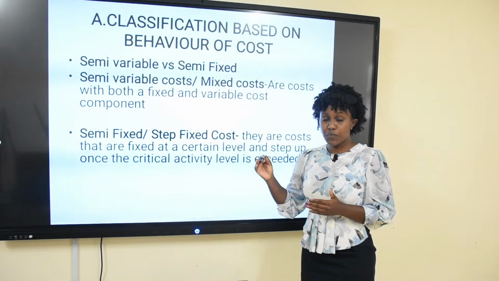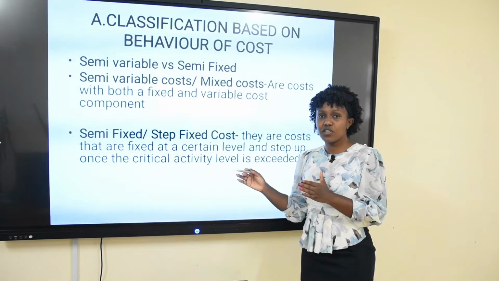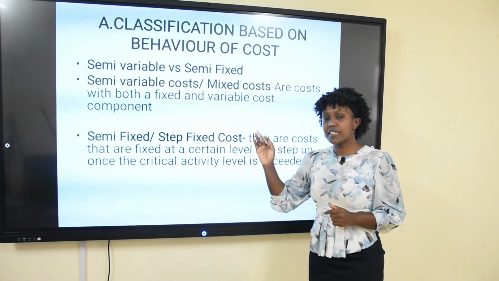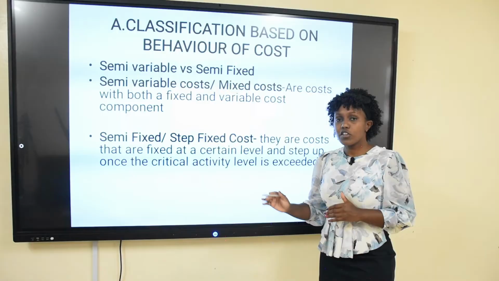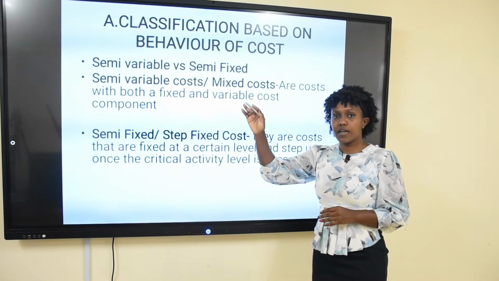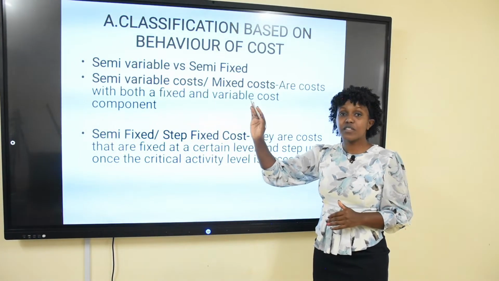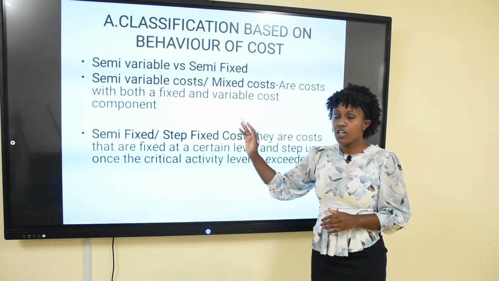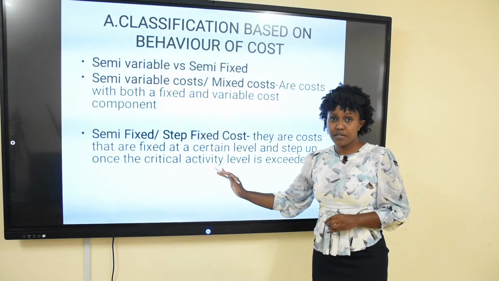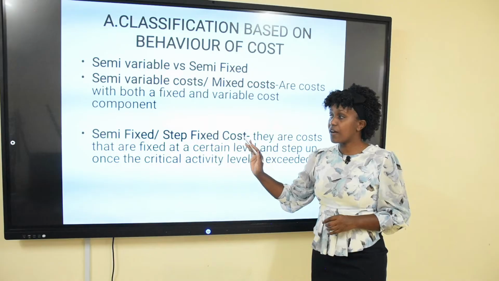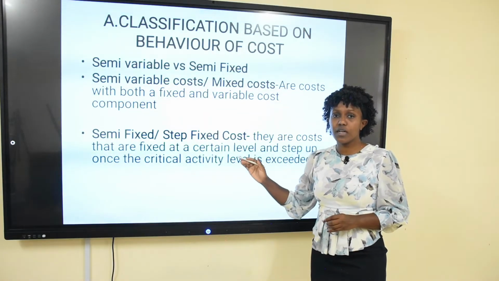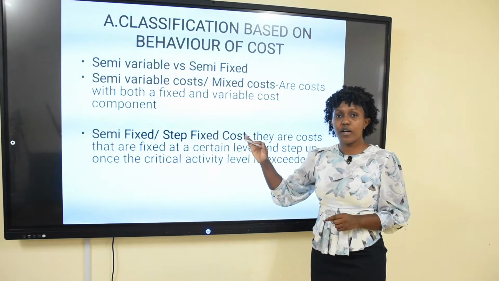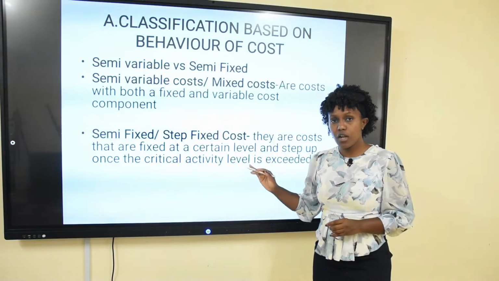Again, it remains constant within that range of activity. If you exceed a certain critical level, the cost goes up another step, and then remains fixed at that level of activity. So there is no variability here. Rather, it is still a fixed cost that steps up to a new level once you exceed a certain critical level.